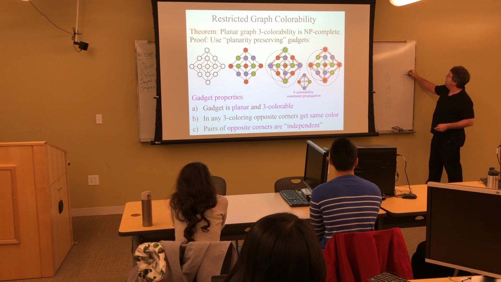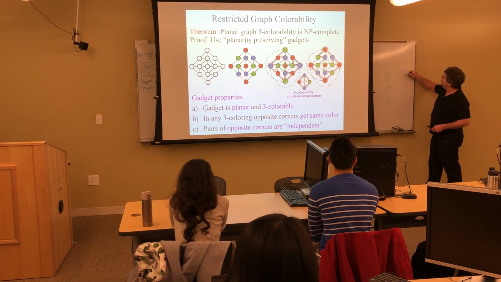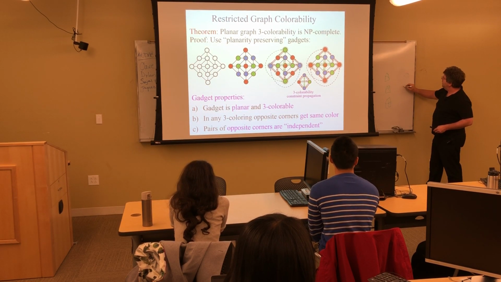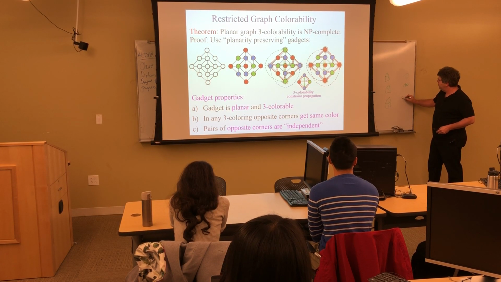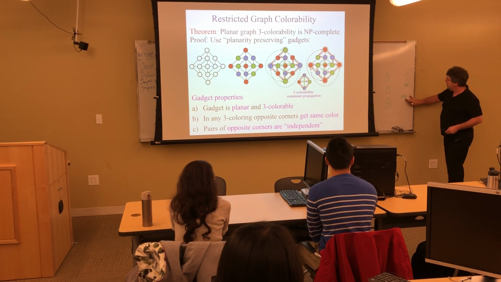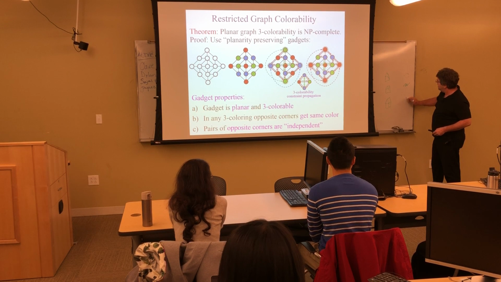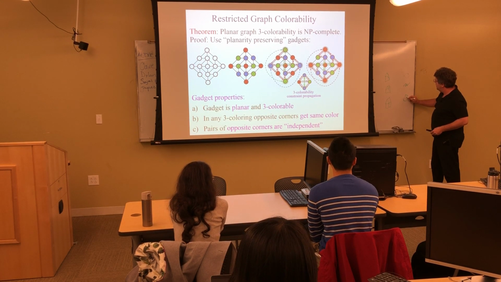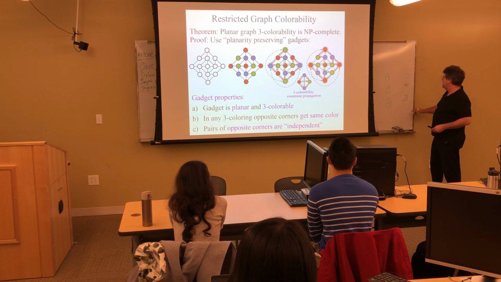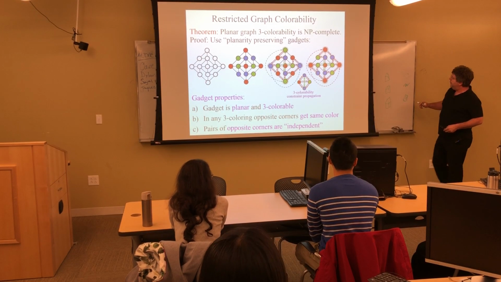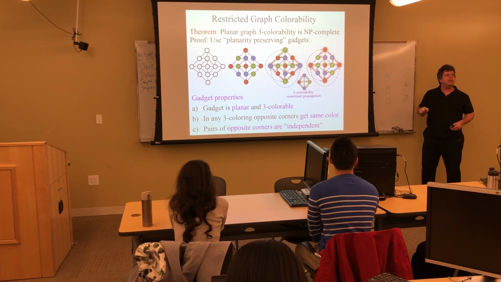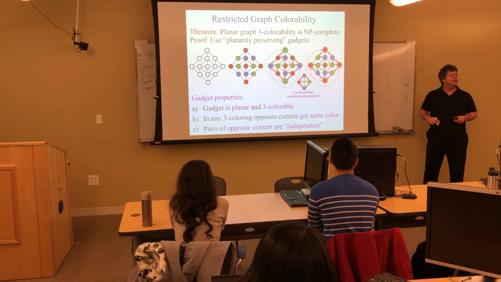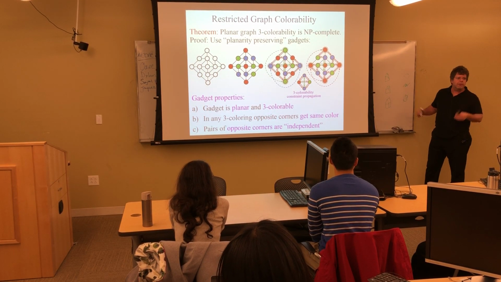And 3 utilities, like some water utility, electric utility, and phone utility. And each house has to be connected to all 3 utilities without any lines crossing. Assuming these are landlines, old-fashioned phones.